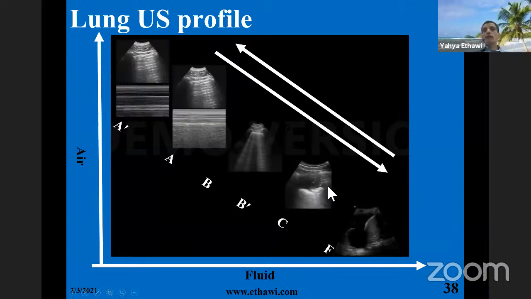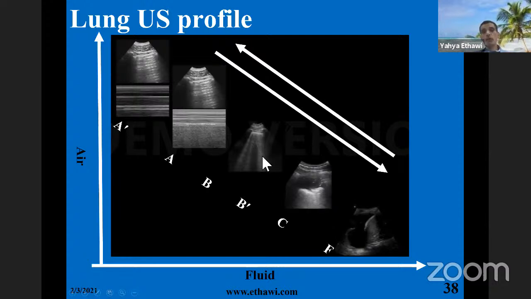So you can divide the lung into profiles. You can see an A profile where you have multiple A lines with sliding, or you can have an A prime profile without sliding, because of pneumothorax. Once your inflation has become less, you get more B lines.